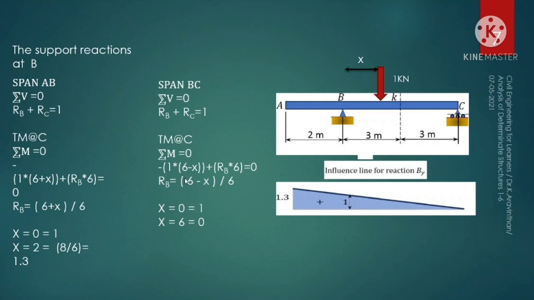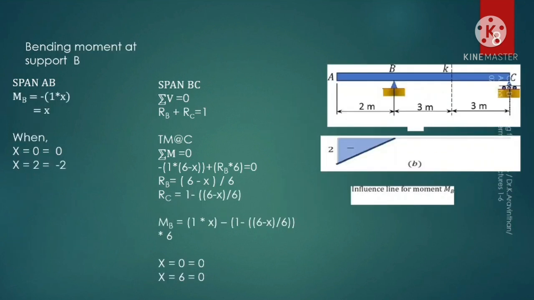So if I substitute 0, 6 minus 0 will be 6 by 6, which is 1. If I substitute this as 6, from the origin, this is at 6 meter. So if I substitute x equal to 6, 6 minus 6 will be 0, 0 by anything will be 0. I have got the value of 0 here. So 1 at this point and 1.3 at this point and 0 at the point C. If I connect these 3 lines, I have drawn the influence line for support B. Okay, right now we have found these two concepts.